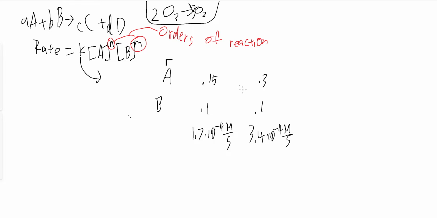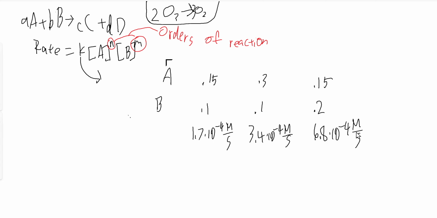Now, this would be a first order reaction in A, because when we doubled it, we got a double in reaction rate. Now let's go back and down to A being 0.15 molar, and let's double B, 0.2. We shall say that doubling B will have an effect of 6.8 times 10 to the negative fourth molar per second.